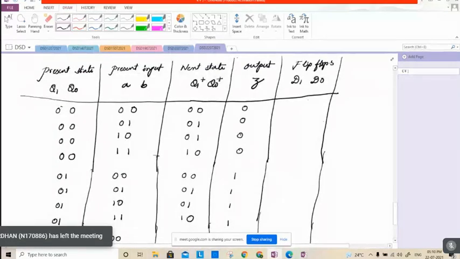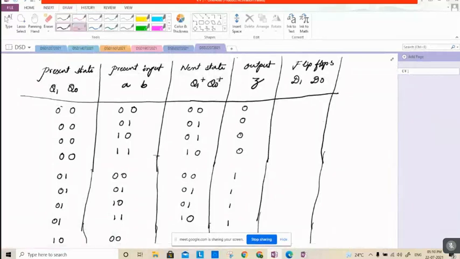D1 will be equal to Q1 plus. If we compare Q0 with Q0 plus, we are going to get the value of D0.